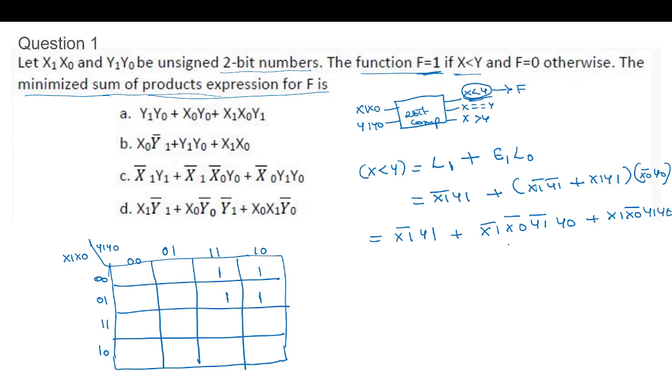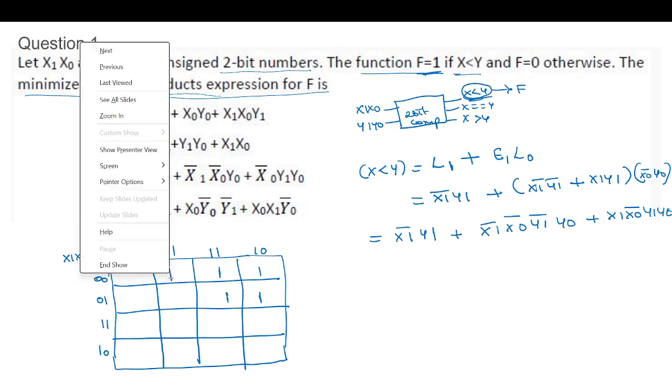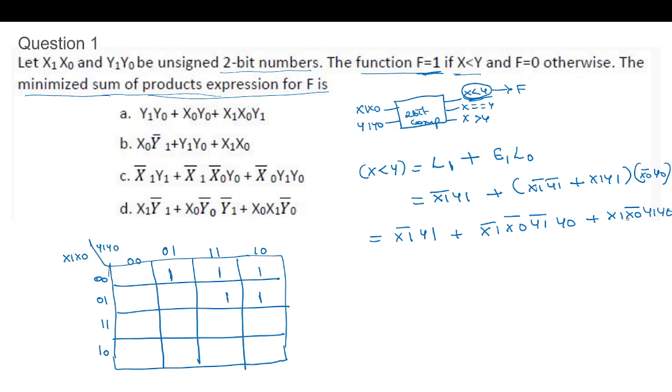Then next, this one, x1 bar x0 bar y1 bar y0. So this next is x1 and x0 is 0. So in this row, the last row, when y1 and y0 are both 1. So this one. And the others will be 0.